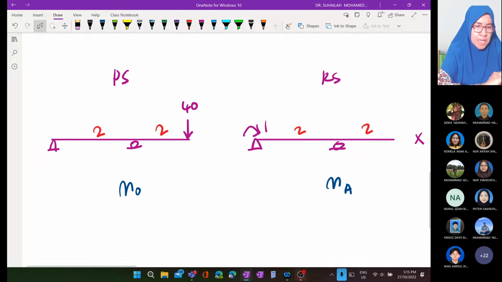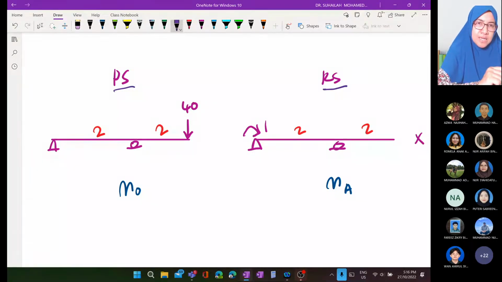So these two systems refer to this. One is the primary structure, the primary beam. One is the redundant structure, the redundant beam. In the primary structure, we have to remove the redundant.